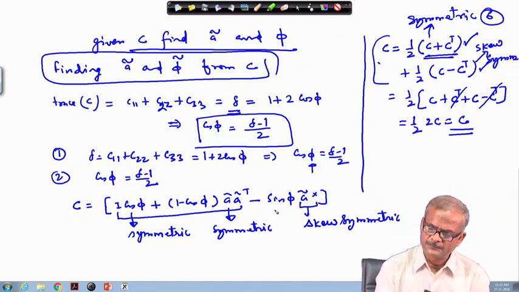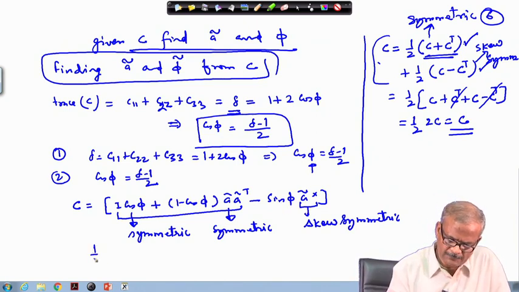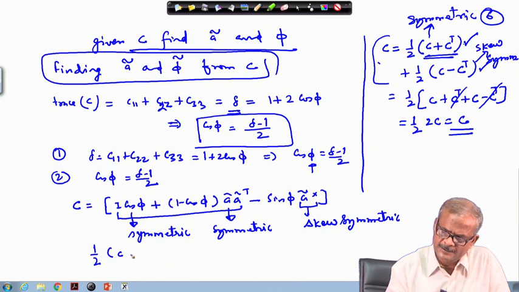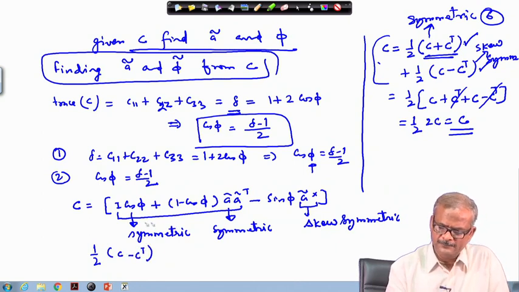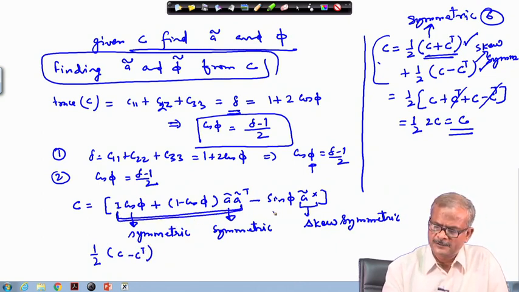So, we get certain advantage from this, that 1 by 2 times C minus C transpose: here this term is symmetric and this term turns out to be skew symmetric.